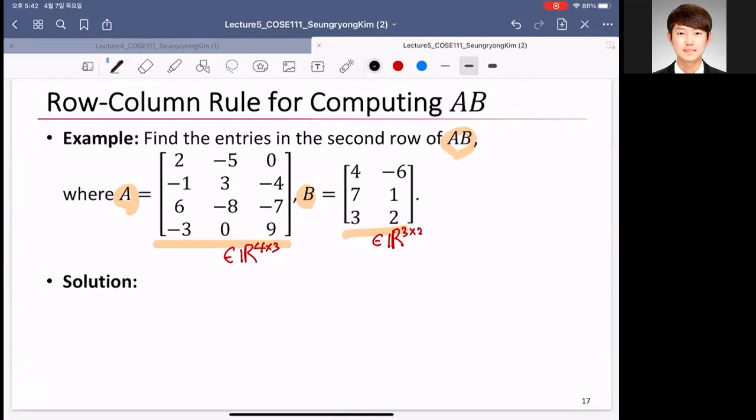Then we want to know matrix AB, especially the second row.